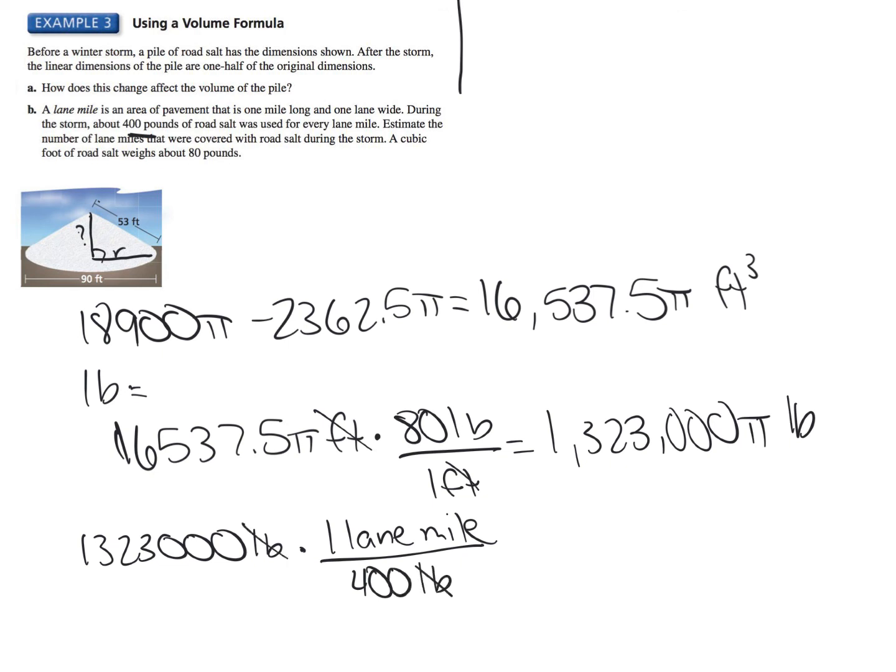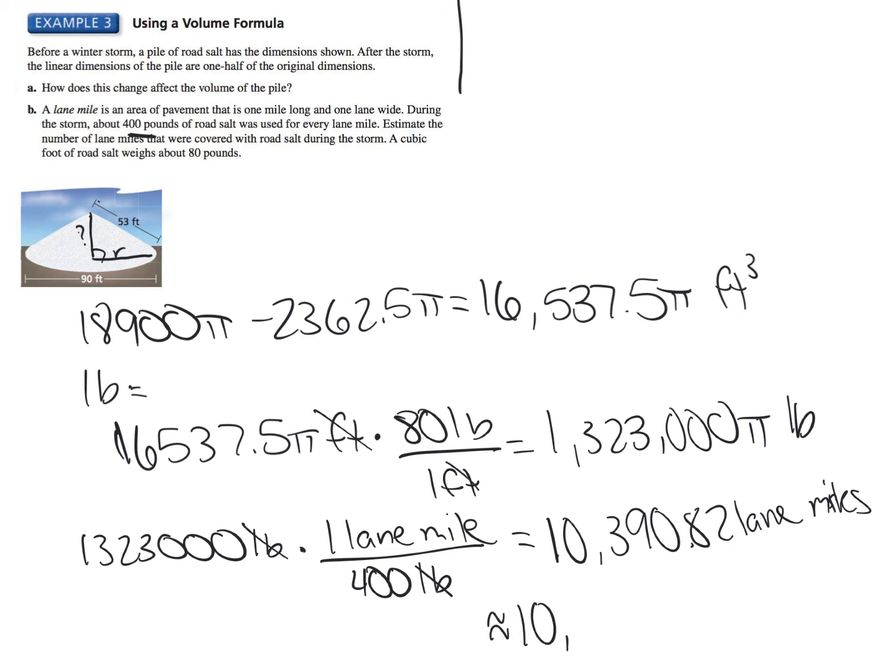The pounds now cancel, and you are in miles, which is what you need to be. When you multiply that through, you get 10,390.82 lane miles. So we can obviously round that to approximately 10,391 lane miles were covered by that amount of salt.